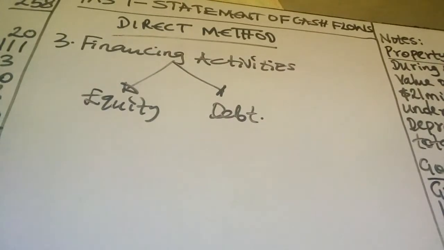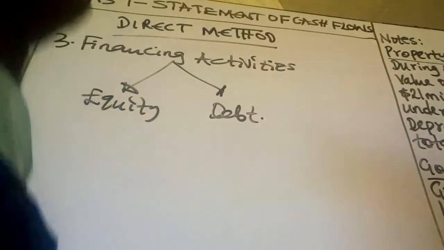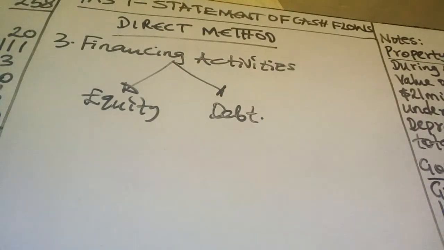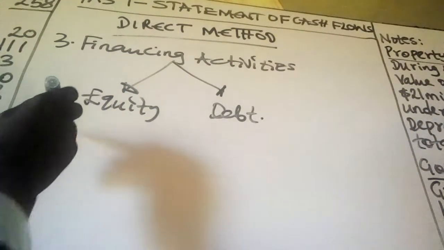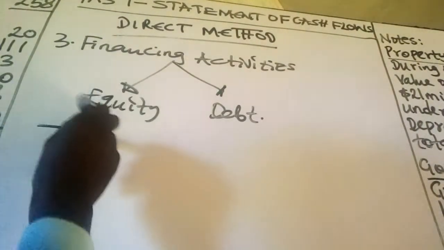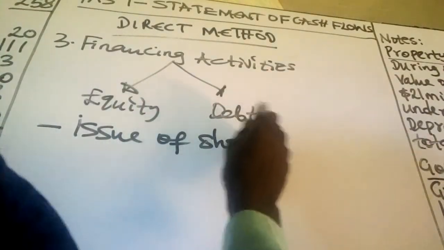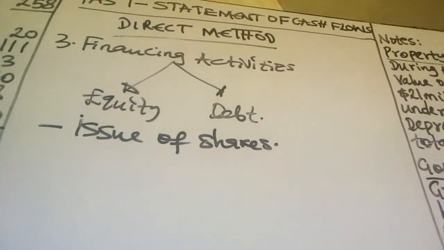Examples of financing activities are: number 1, proceeds from issue of shares. Issue of shares will fall under this heading.